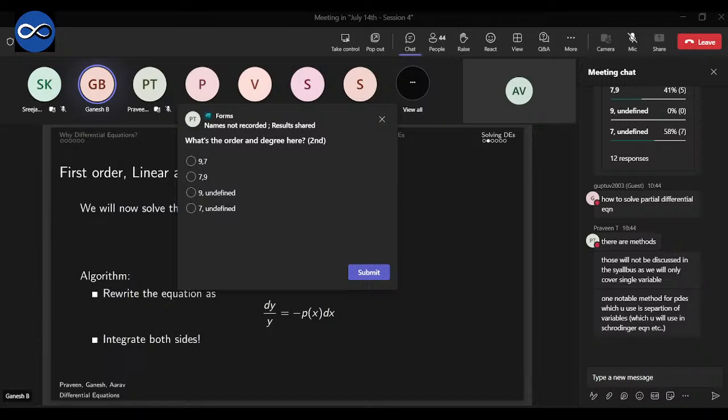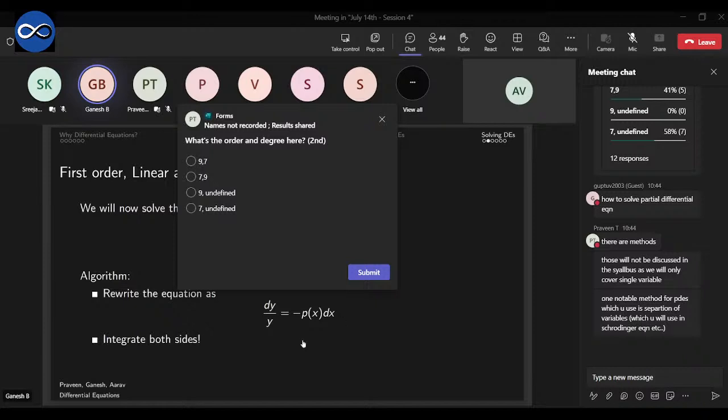It's not a constant coefficient differential equation because the coefficient of y is not constant. It is a function of the independent variable. It's actually pretty easy to solve this. This is one of the most fundamental equations that you would find in the entirety of differential equations. So you just rewrite this as dy by y equals minus p of x dx.